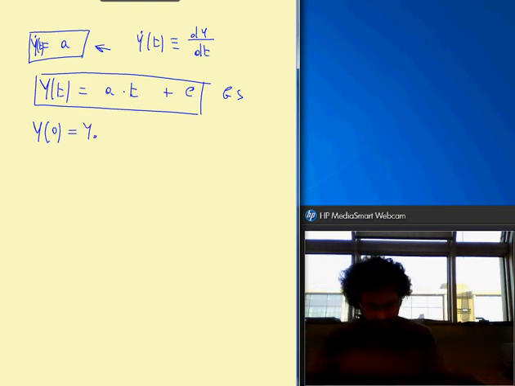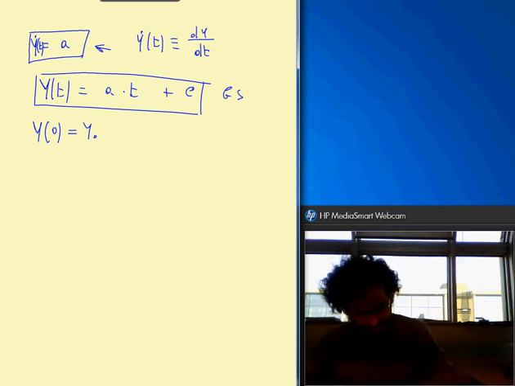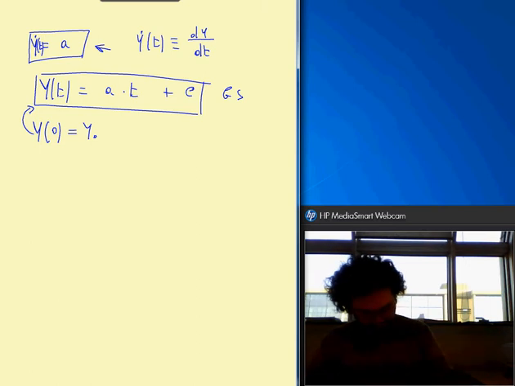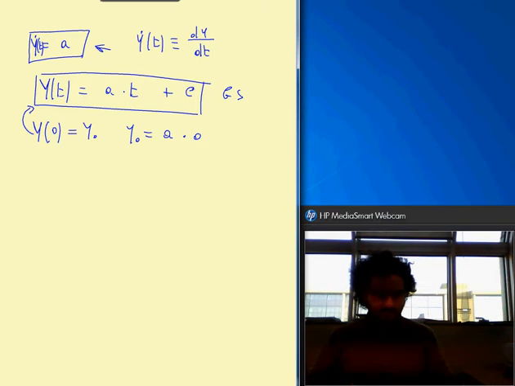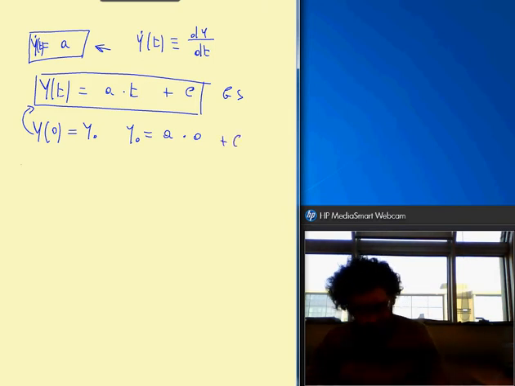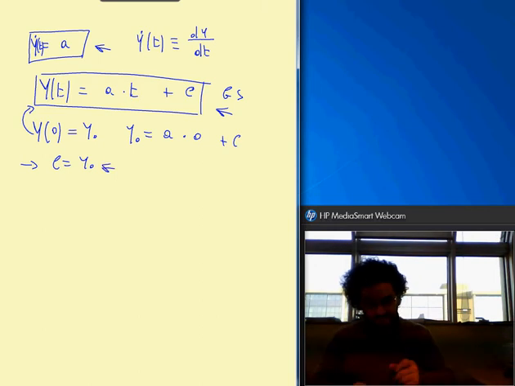In this case, if this is true, we can substitute this value here, and we have y0 equal to a times 0, because the initial value for time is equal to 0, plus the constant c. So we get c equal to y0, and the particular solution of our differential equation can be written by considering the general solution and substituting c equal to y0.